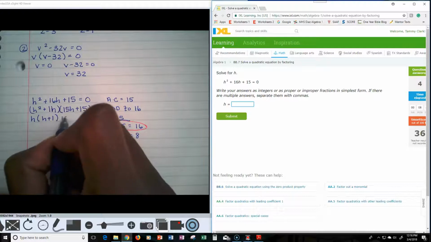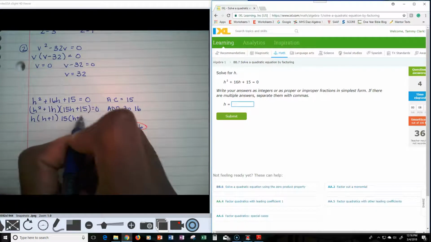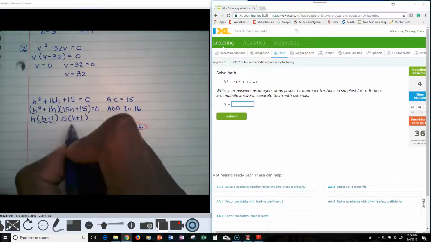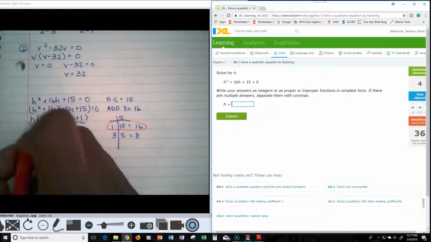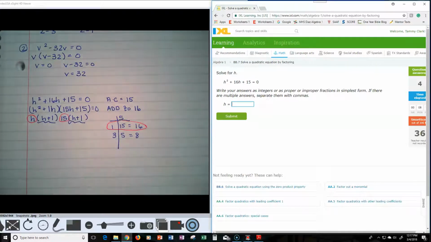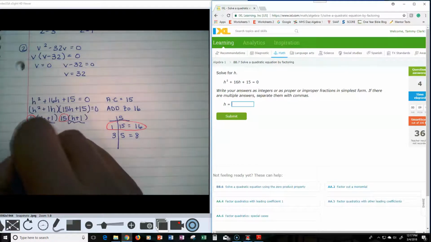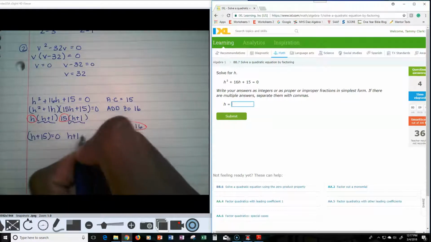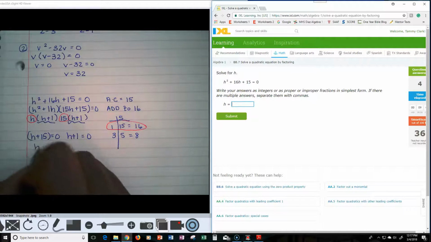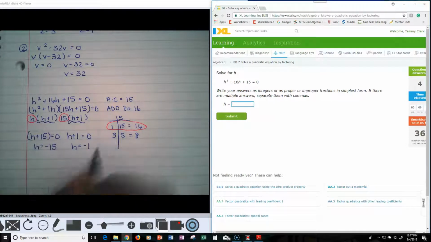Take out 15, we get h plus 1. Remember, these are the same, so we only write them once. And then we make a factor out of these two. So that would be h plus 15, set that equal to 0. h plus 1, set that equal to 0. So h is equal to negative 15, and h is equal to negative 1.